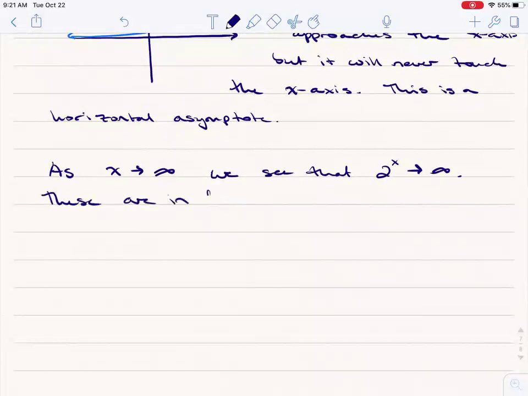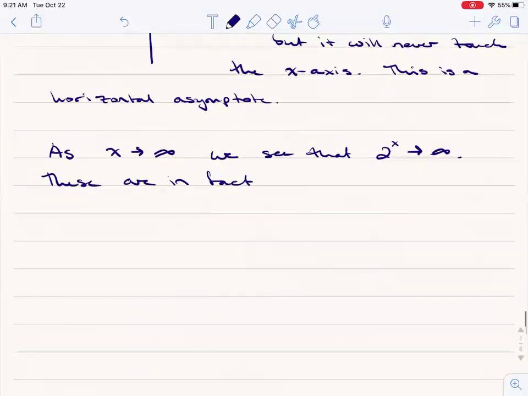These are, in fact, general properties of exponential functions. It doesn't matter what base we have. These are general properties of exponential functions.